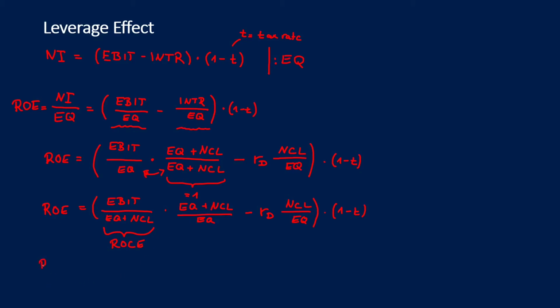So return on equity accordingly is now return on capital employed times 1 plus non-current liabilities divided by equity.